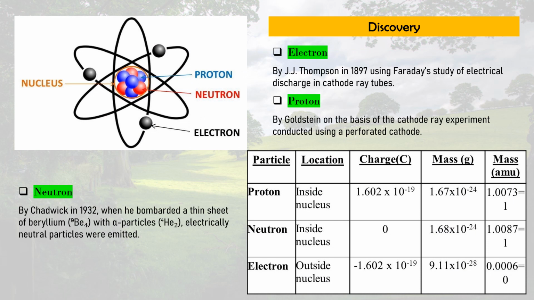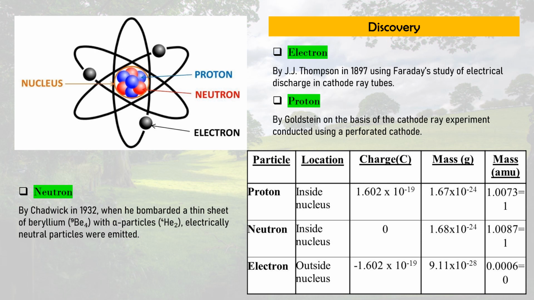Now we will study some discoveries. The discovery of the electron was done by J.J. Thomson in 1897. He used Faraday's study of electrical discharge in the cathode ray tube experiment to prove his discovery. A cathode ray tube is a cylindrical tube where two electrodes are connected to the two oppositely charged poles of a battery.